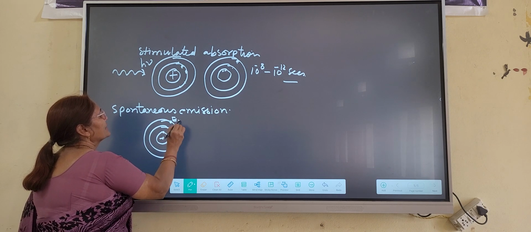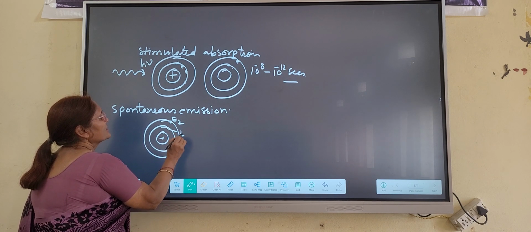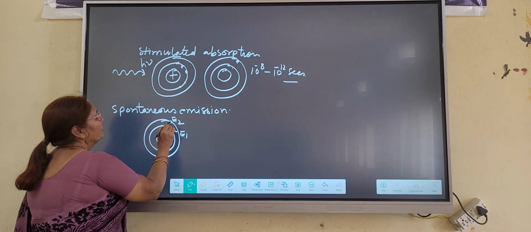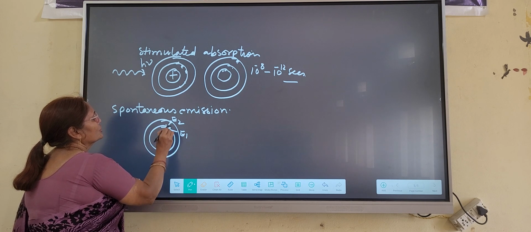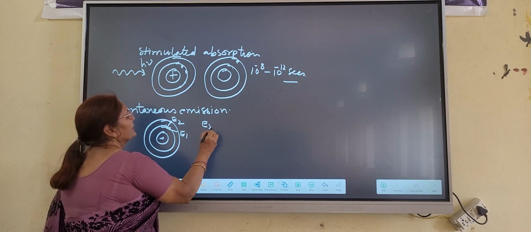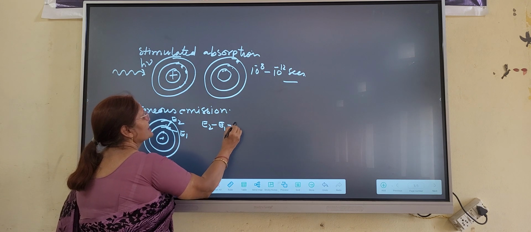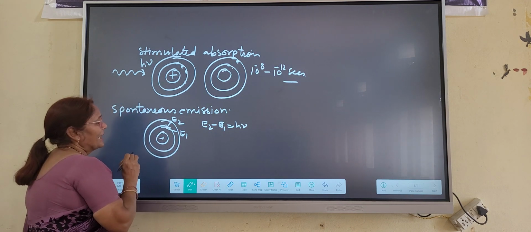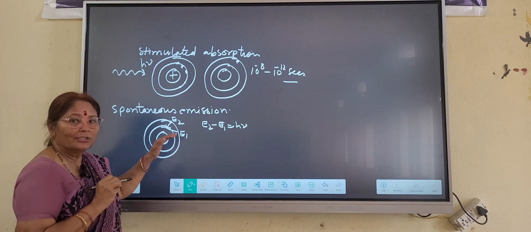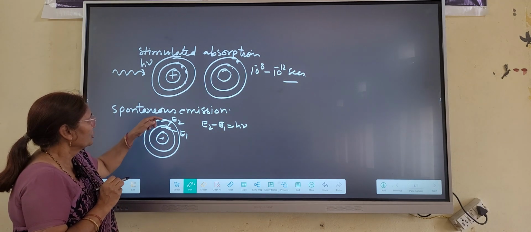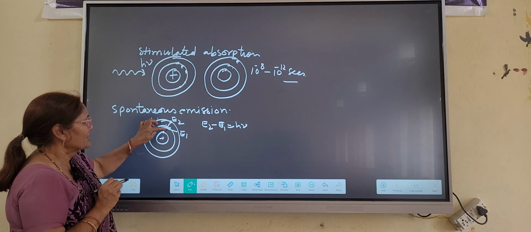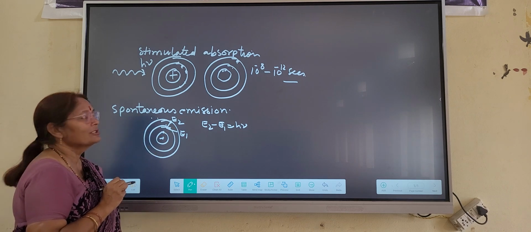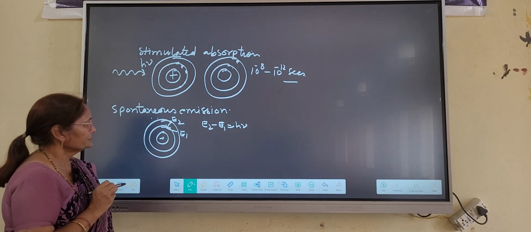The energy of this state is E2. The energy of this state is E1. So when it jumps from the higher state to this lower state, the difference of energy, E2 minus E1, equal to h nu, is given out in the form of radiation. And since no external source has been used to make the atom come to the ground state, this kind of emission is called spontaneous emission.